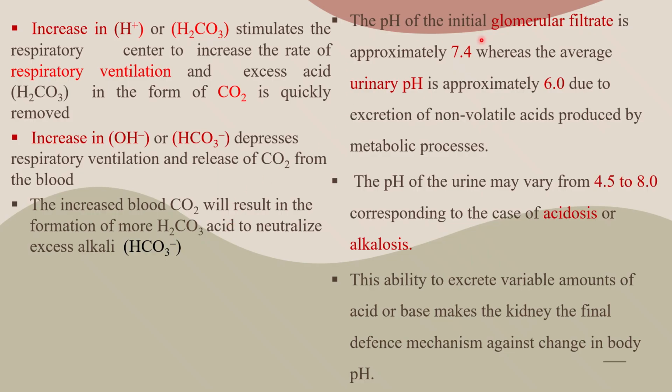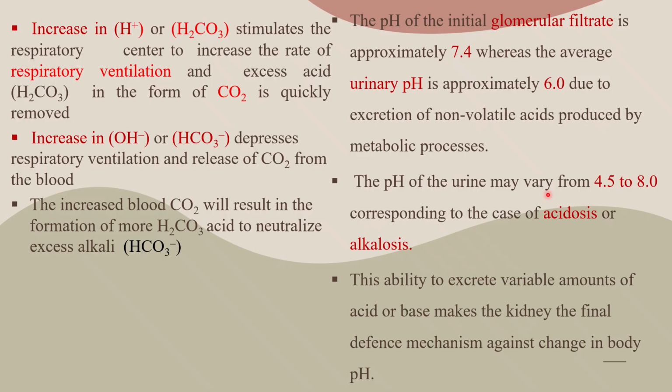The pH of the initial glomerular filtrate is approximately 7.4, whereas the average urinary pH is approximately 6 due to excretion of many non-volatile acids such as phosphoric acid, lactic acid, and various other organic acids produced by metabolic processes.